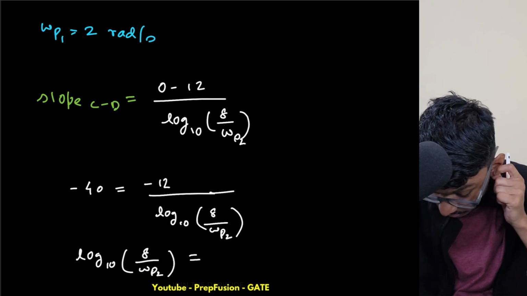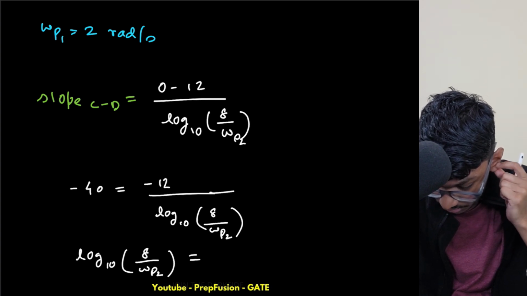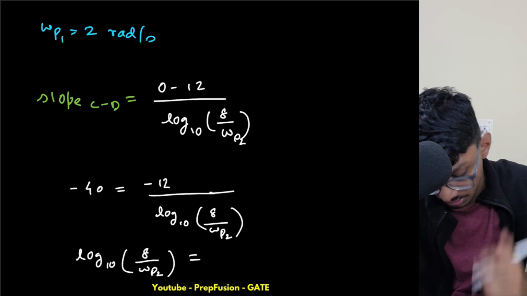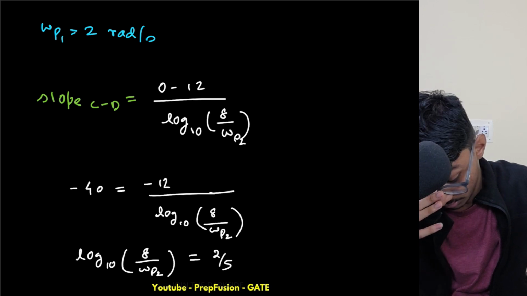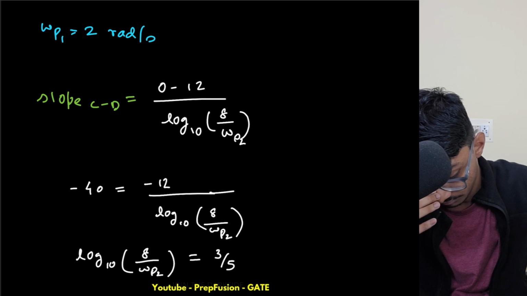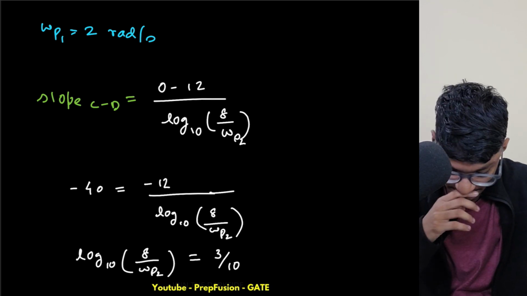Am I doing something wrong? Plus 20 is going to 0. Yeah, 8, minus 40 is correct. So this becomes 3 by 10 basically.